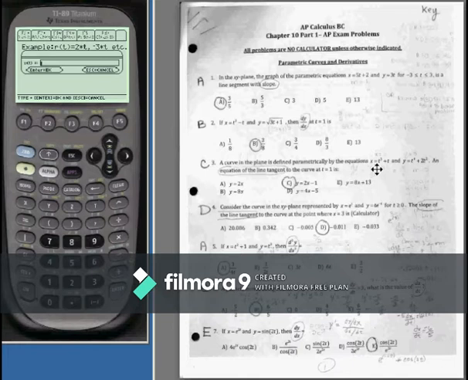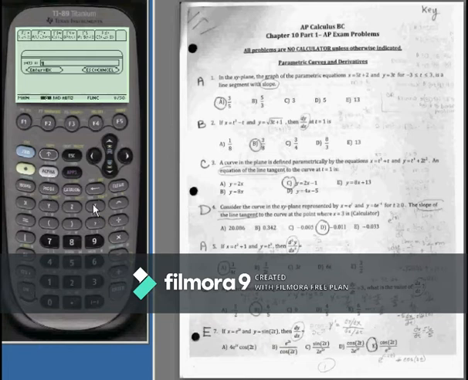The x value is alpha t cubed plus t, and the other one is t to the fourth plus 2 times t squared.